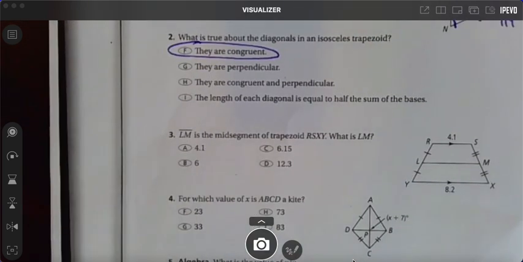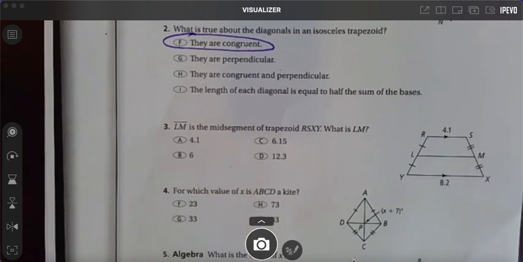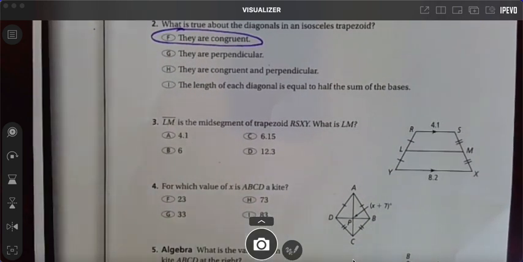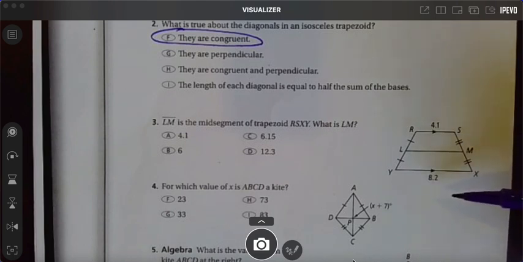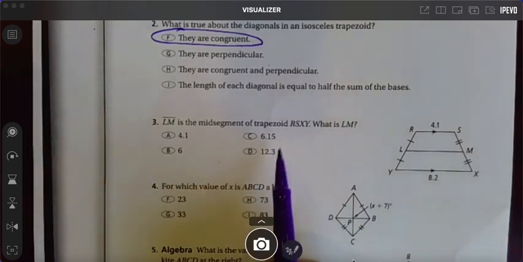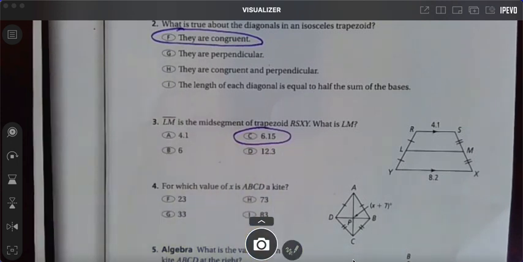I think we also did this 2 lessons prior. You find the mid segment by adding the bases and dividing by 2. It's just taking the average. So if you take 4.1 plus 8.2 and divide it by 2, what did y'all get? 6.15? I don't have my calculator, but that sounds right.